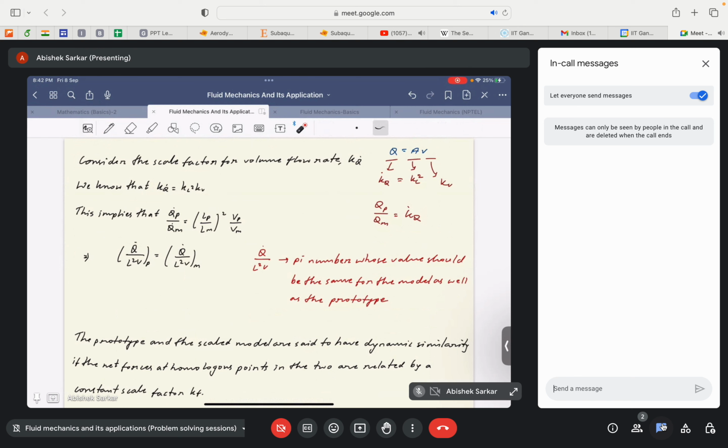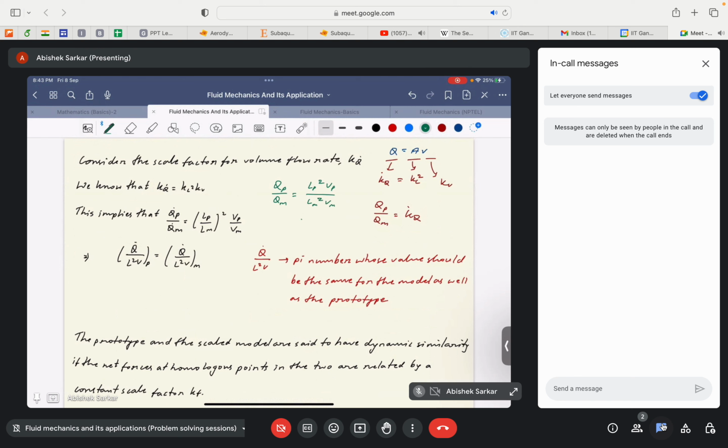So if we now compare the volume flow rate between the prototype and the model, Qp would be equal to Lp squared into Vp, and Qm would be equal to Lm squared into Vm, right?